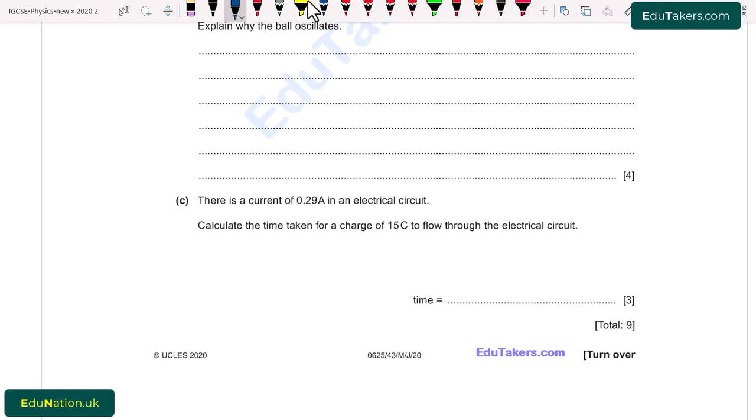Ball moves toward positively charged plate and touches it.